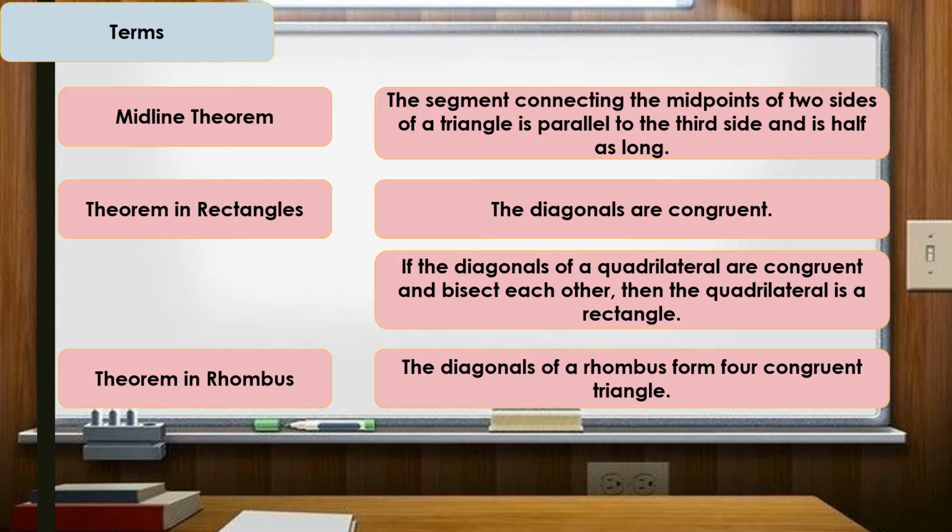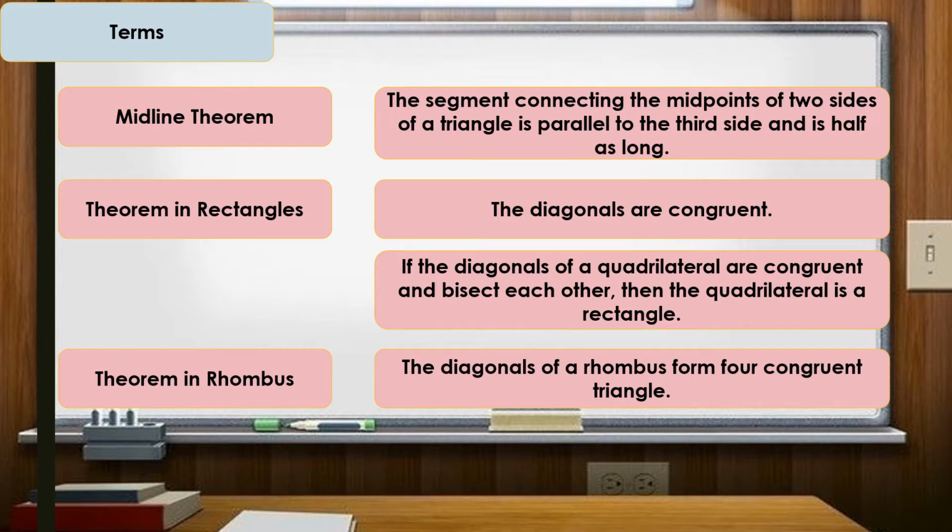So, if the slant lines that connect the opposite points of the quadrilateral are congruent, then that is a rectangle. And also, if those lines that we can find in the quadrilateral are congruent and bisect each other, then that is a rectangle.